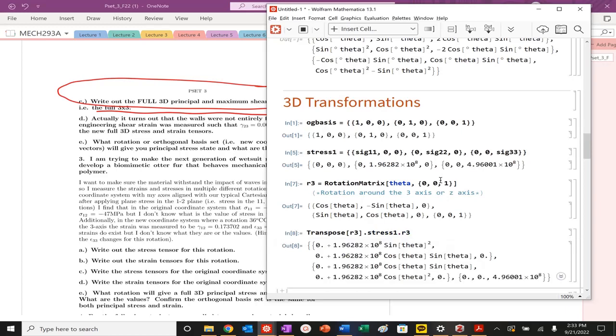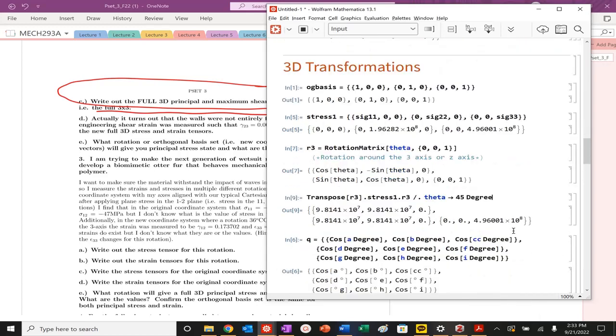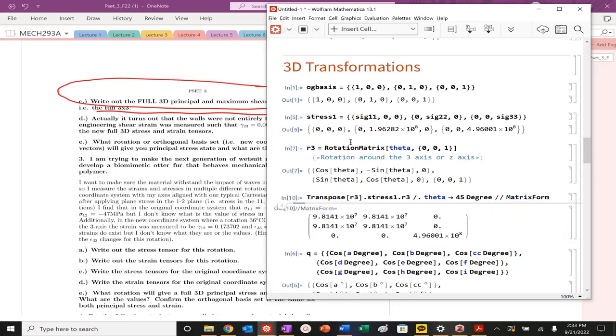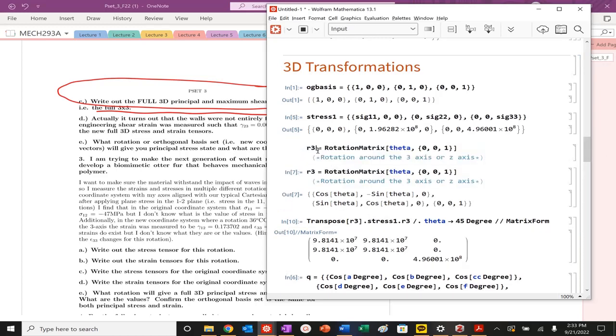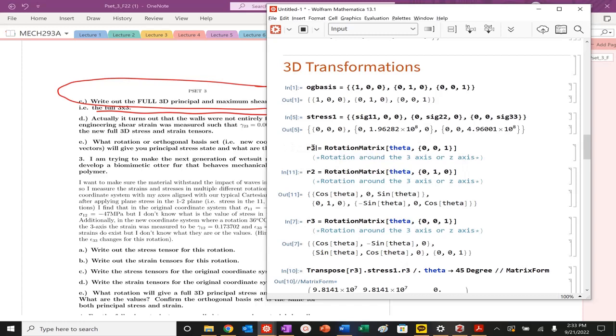I'm just going to show you if I rotate around the 3 axis by an angle of 45 degrees, making sure we type degrees, then I can see some of my shear stress values. If you broke this down and did a Mohr circle, you would realize that would just be the radius of your circle. We can see that in the 1-3 plane, it would be half of our sigma 3, and that is indeed the case, because we're doing 1-3 here, no sigma 2, and you can see sigma 2 is unchanged.